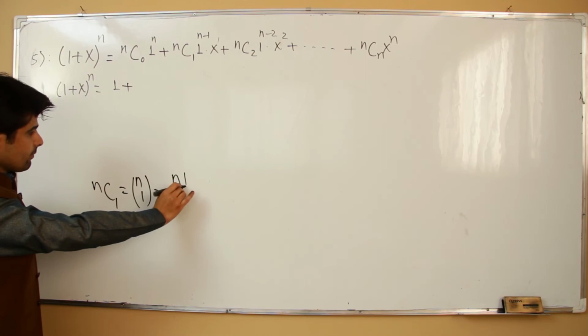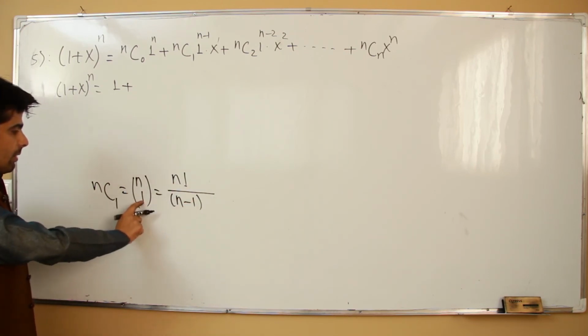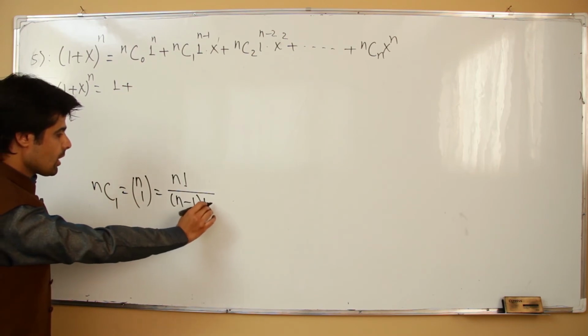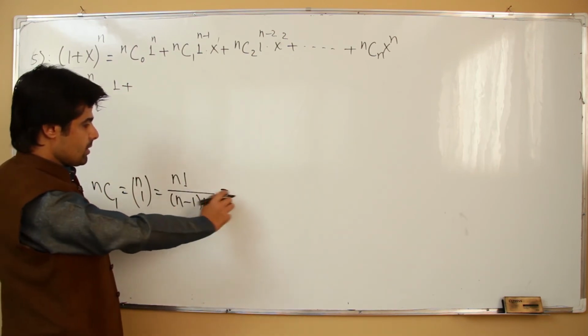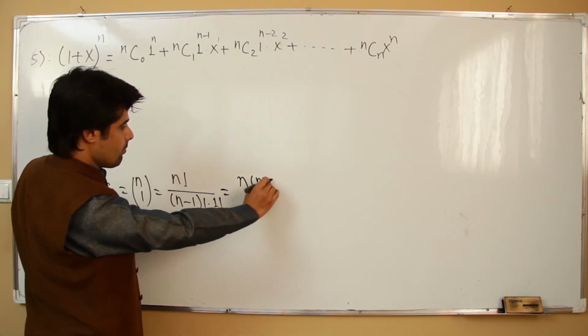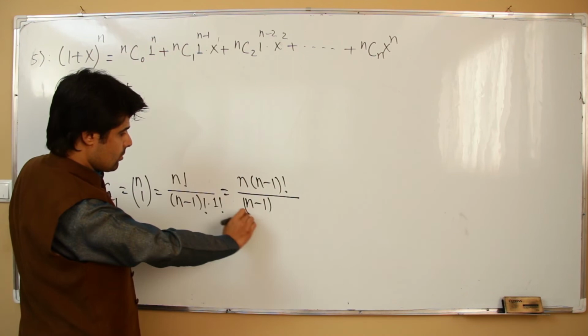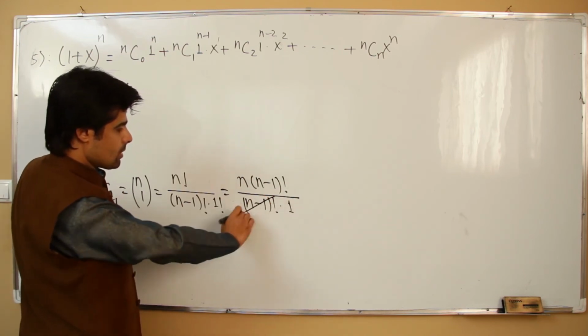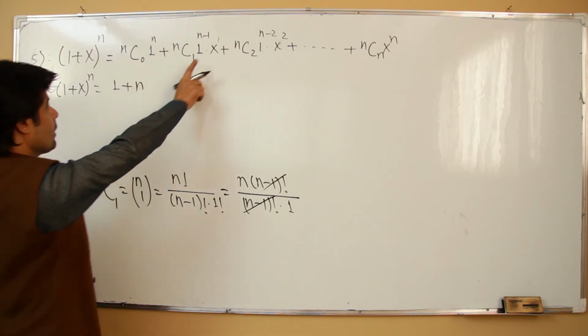Now you have n factorial over n minus r factorial times r factorial, which is 1 factorial. So you can expand this one. It is n factorial divided by n minus 1 factorial times 1. This one is cancelled, so you have n.